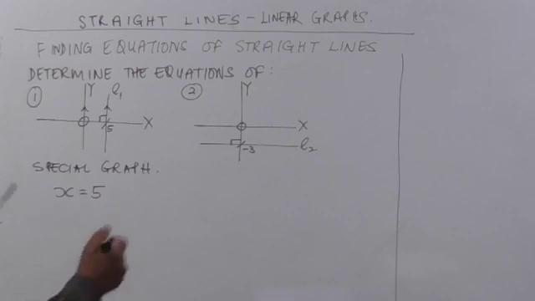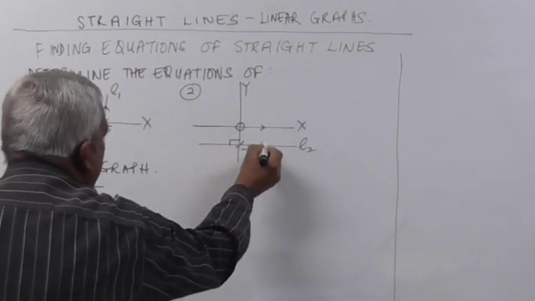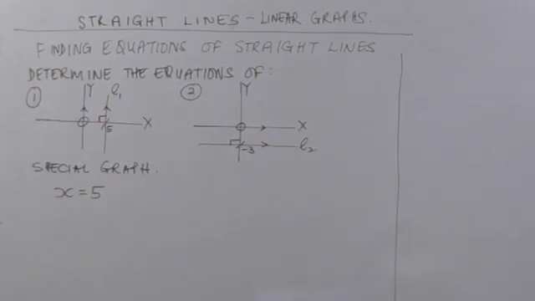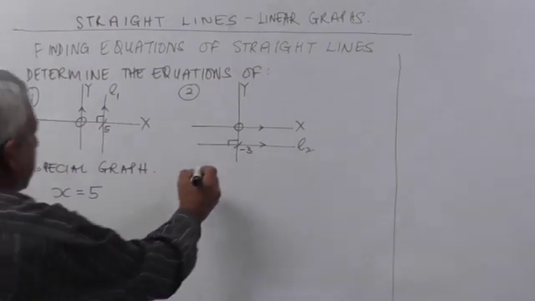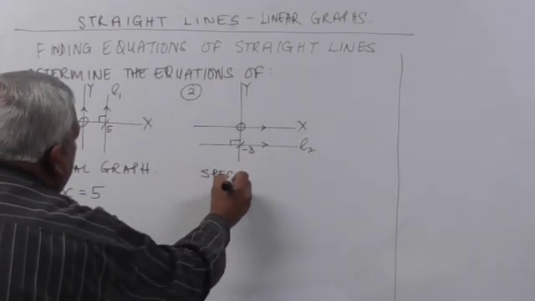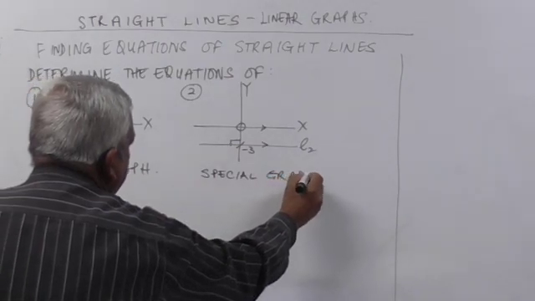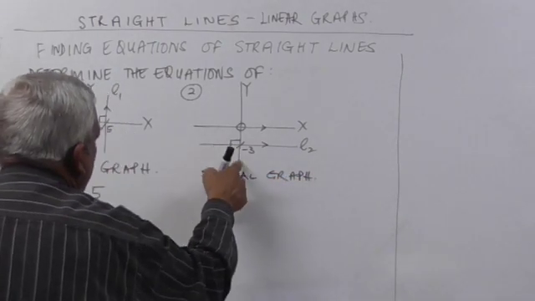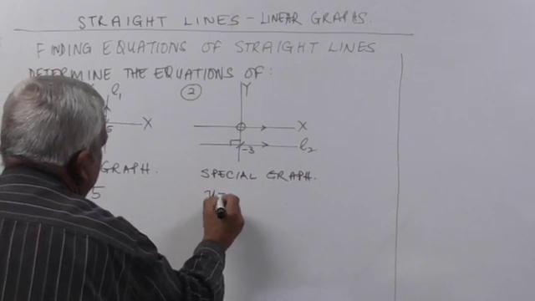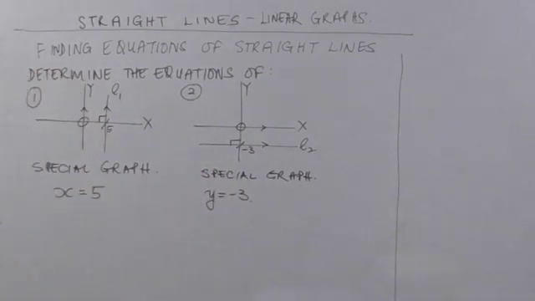In other words, these two lines are parallel. So this is a line through the y-axis at -3. Again, it's a special graph, and to find its equation, it's just one step. Because it goes through the y-axis, you just write down y is equal to -3.